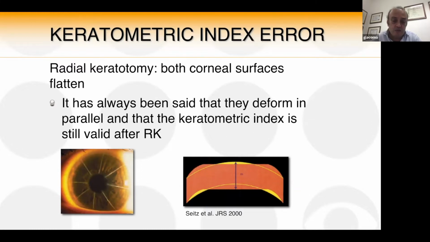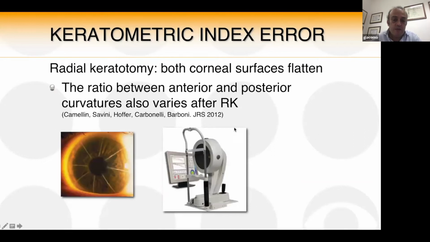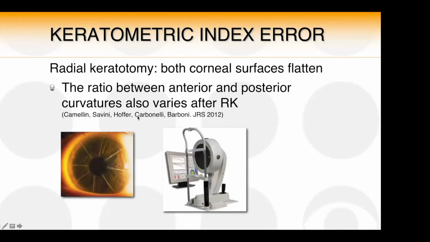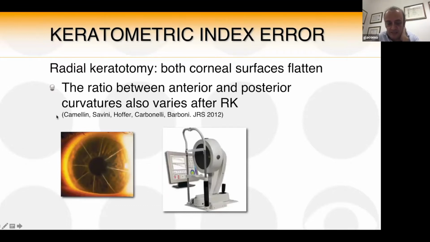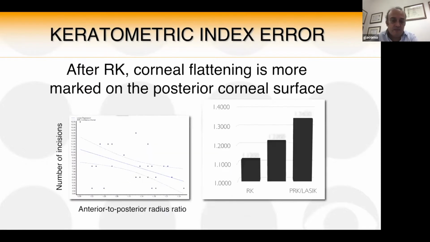This is not true, because together with Dr. Camellin from Rovigo, a North Italy city, we found that this ratio changes after radial keratotomy, because there's a more evident flattening of the posterior surface. We used the Pentacam to demonstrate this.